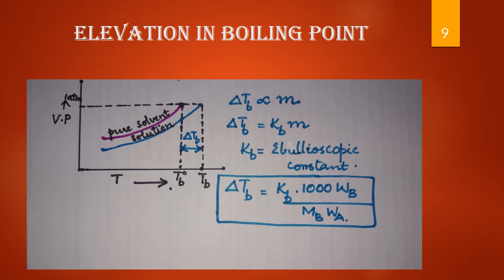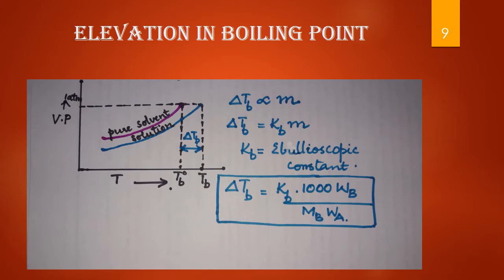On observing the graph, you find that the first curve that is drawn is that of the pure solvent. When it reaches 1 atmosphere pressure, the corresponding temperature is T0B. For solutions, we have told that the vapor pressure is considerably less. So, on heating, you find that it reaches the 1 atmosphere mark only later, and the value given is TB. So, what is the change in temperature?